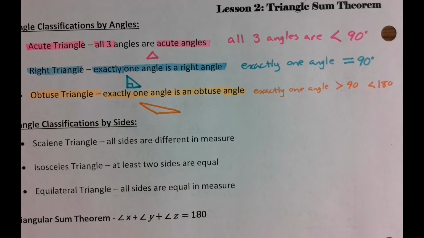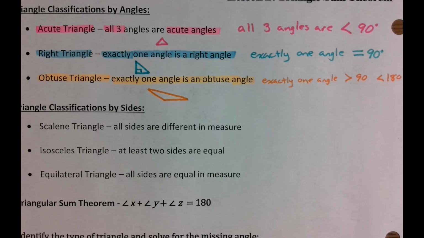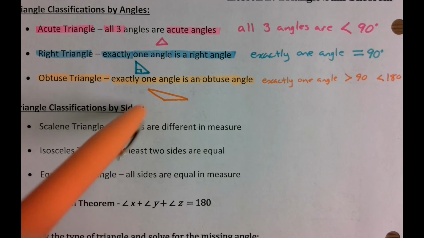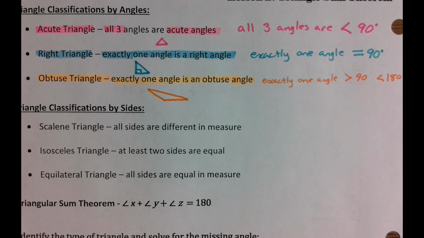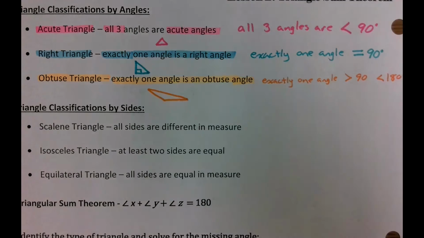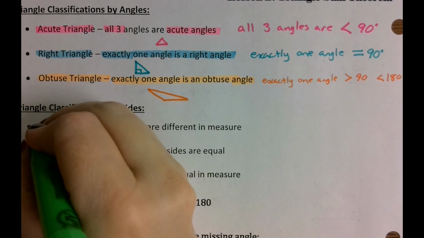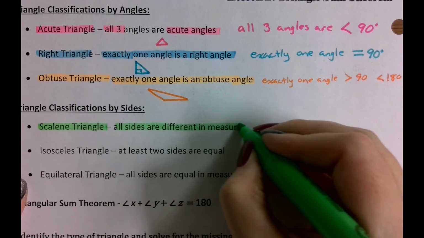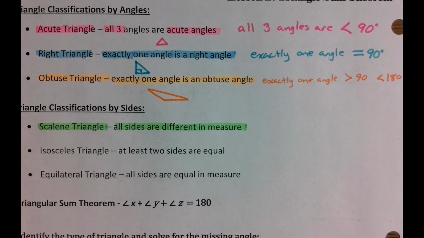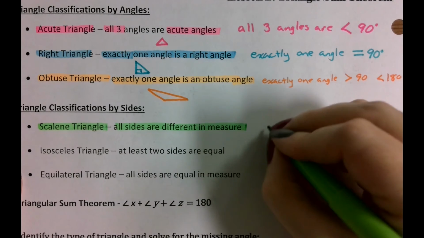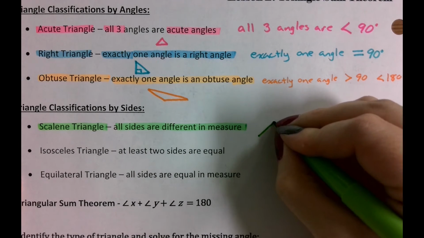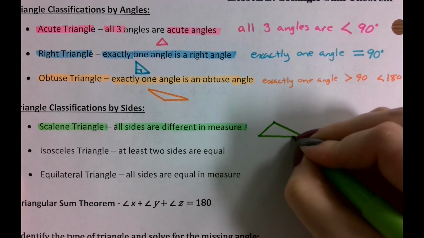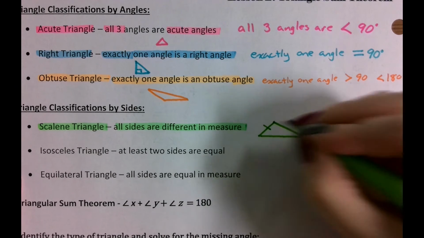Okay, the second way that we can classify triangles is by their sides. Side classifications. So a scalene triangle means that all the sides have different measurements. None of them are equal to each other. So it might look kind of like that, where they'll put little lines in them.